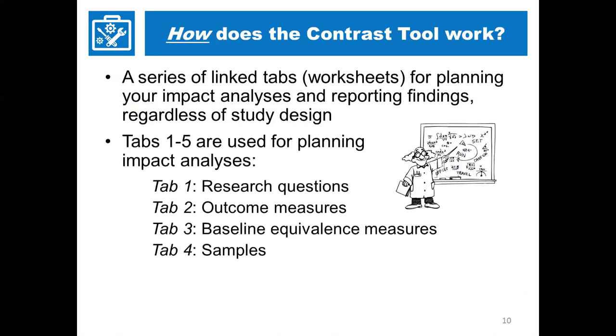Together, these tabs generate the building blocks for outlining the specific contrasts or impact analyses that you will enter in tab 5. There are links across all of the tabs. So information from earlier tabs is automatically pre-populated into later tabs. This makes completion of the contrast tool more efficient and more systematic. It also means that completing the contrast tool tabs in numerical order will take advantage of that pre-population.